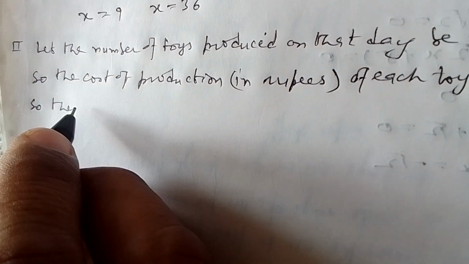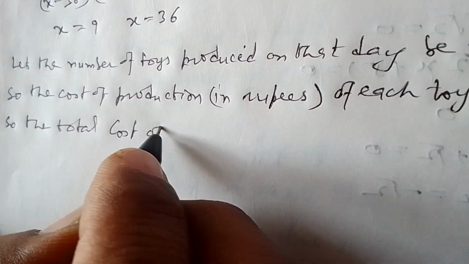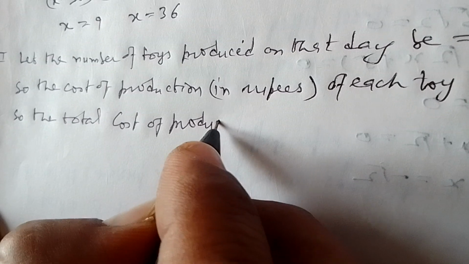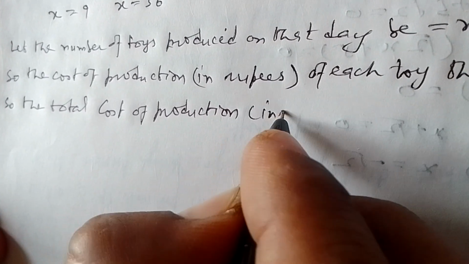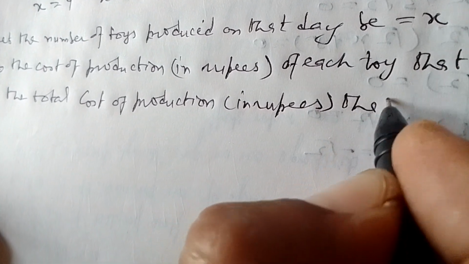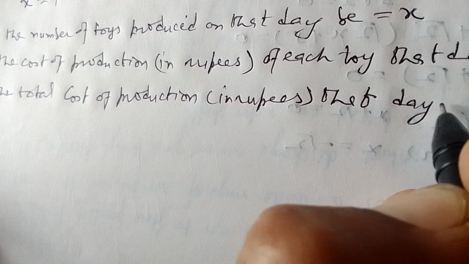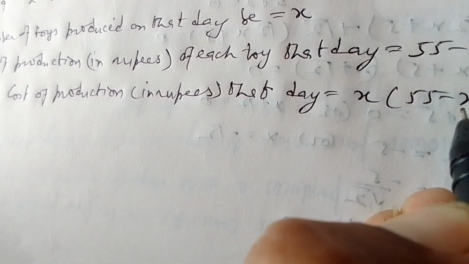So the total cost of production in rupees that day is x times 55 minus x.